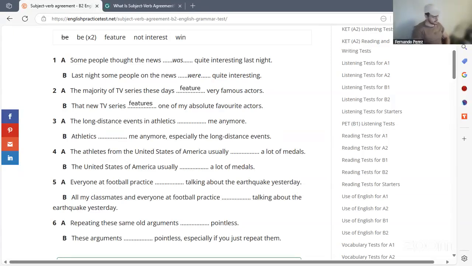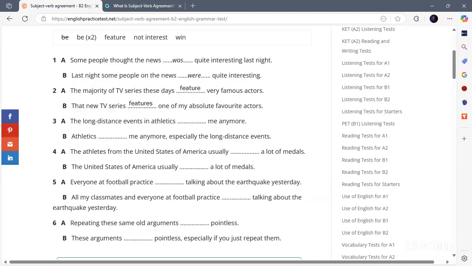What would be the negative for "I like"? I don't know, artichokes. I like artichokes. What is the negative? I don't like. I don't, you see? So don't is an auxiliary for negatives.